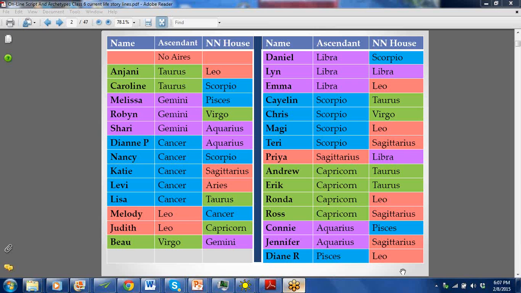So they are really talking about the same thing, but in different expressions. So we're looking at, say, the 6th house. It is connected to Virgo, but the 6th house job is not the same as what you might know about Virgo.